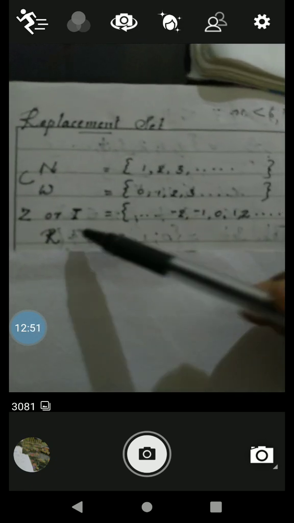In the previous question, we saw that x is less than or equal to 4. Suppose x belongs to natural numbers, we can easily find the values of x.